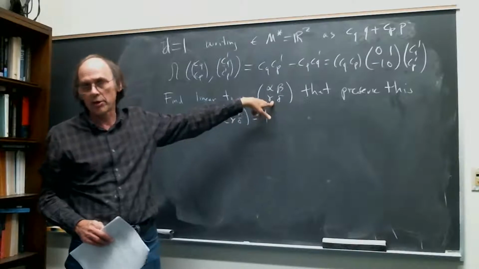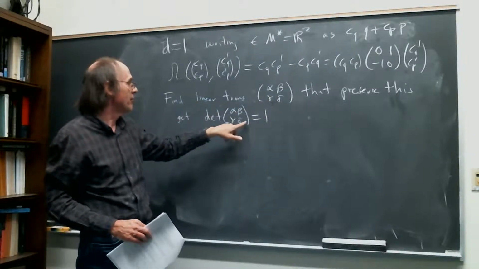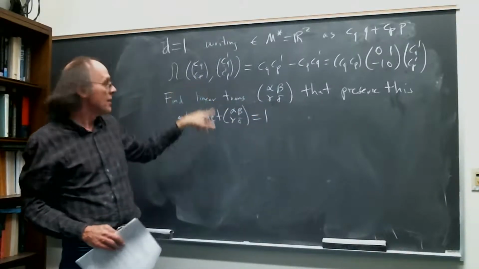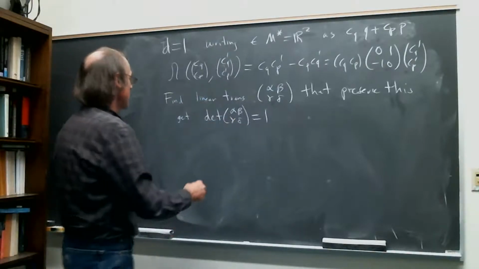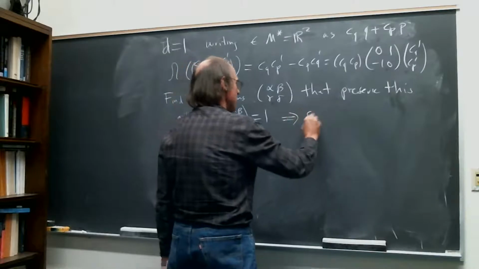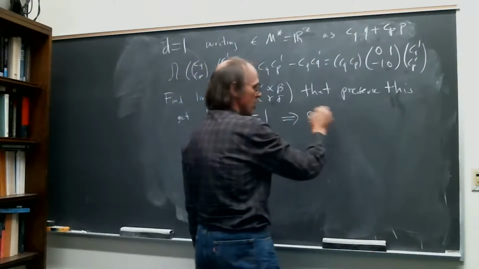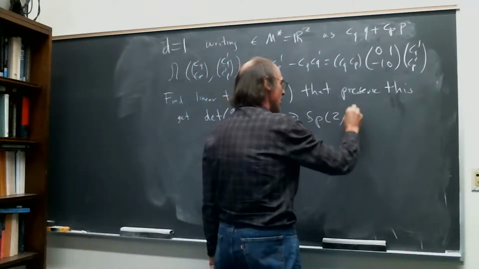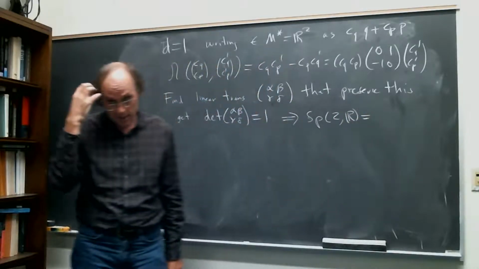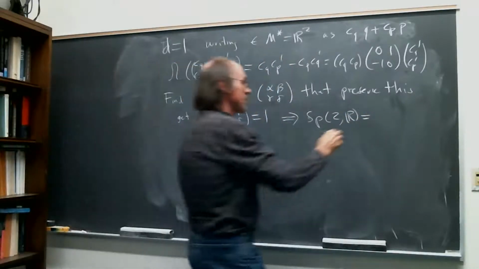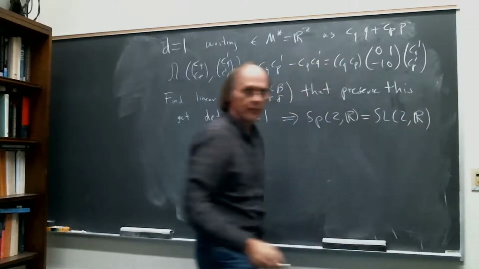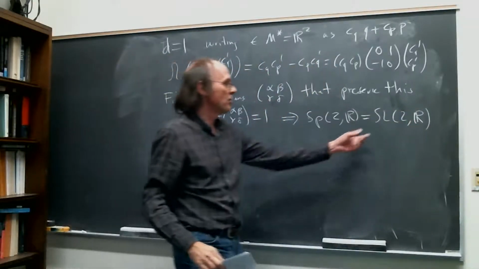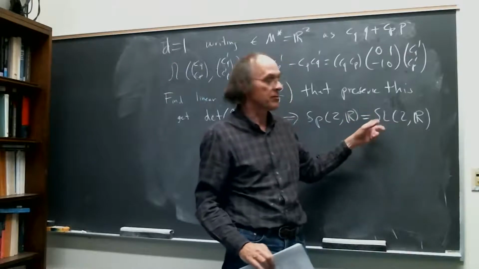So you get a three real dimensional subspace that preserves this, and it's just the one where the determinant is 1. So what I've shown by doing this is that SP of 2R is a group you've already heard about, which is SL2R. In other words, it's the group of 2 by 2 linear transformations with determinant 1.